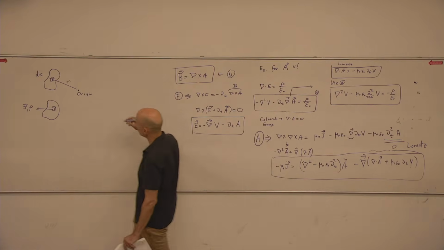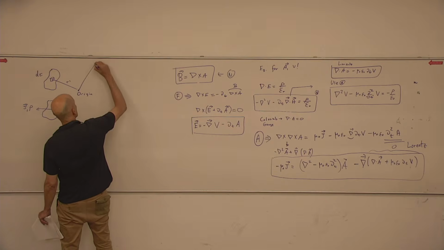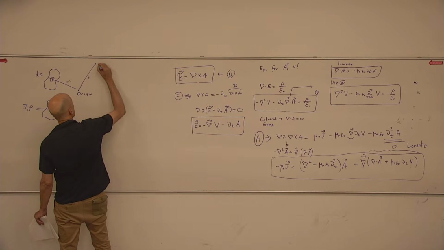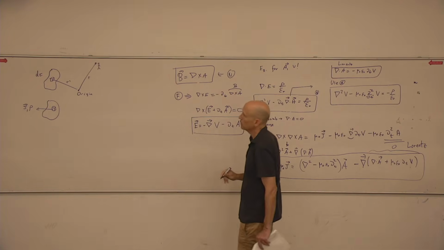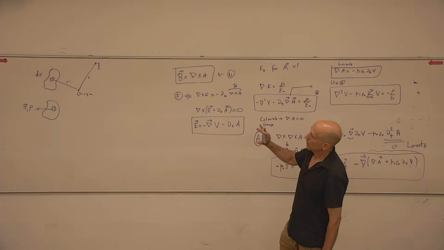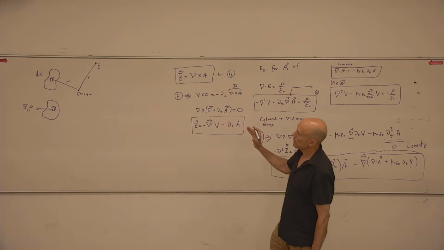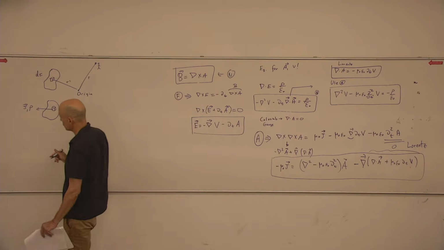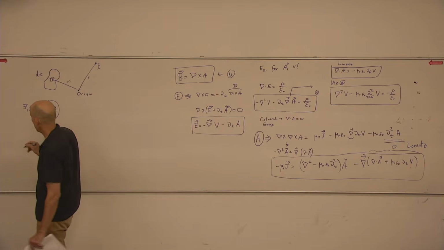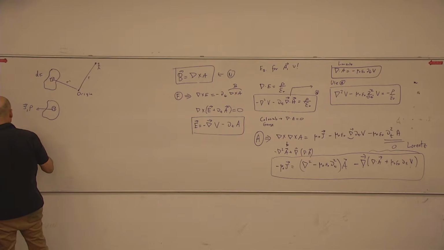In addition, we have, as usual, the location of the observer, R. Some guy that is at this point, and at this point I want to calculate the potentials, and if I know these potentials, then I can calculate the electric fields. So, what are these solutions? The solutions are given, this is the potential.